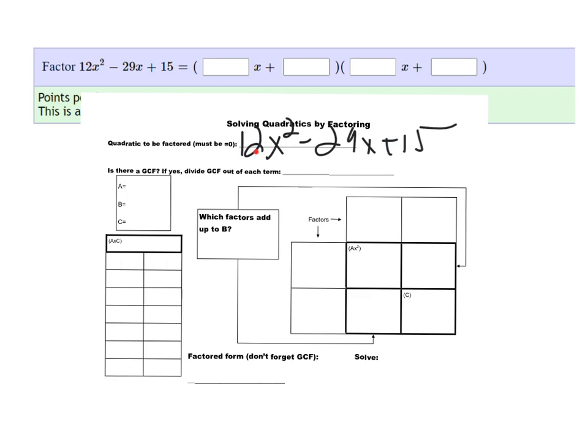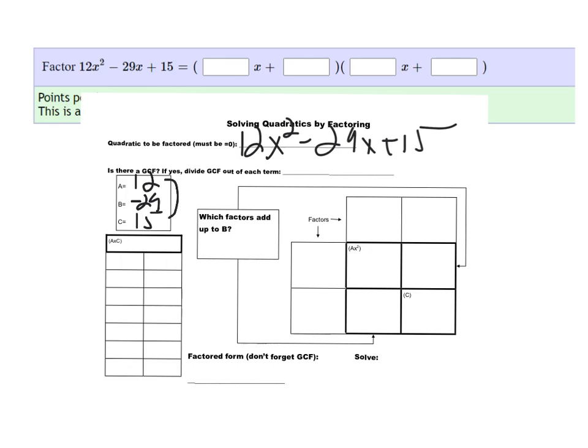And so I could divide 12 and 15 by 3, but 29 doesn't divide by 3. I know this because if I add 2 plus 9, I get 11, and 11 isn't divisible by 3, so I know I can't divide it.